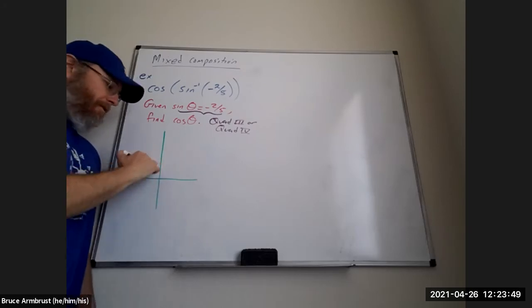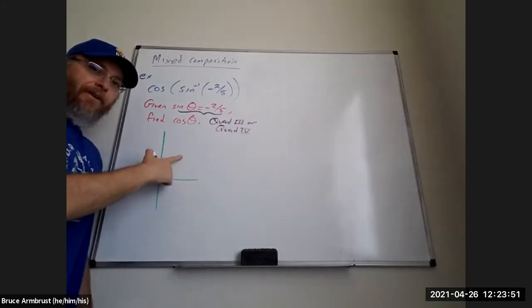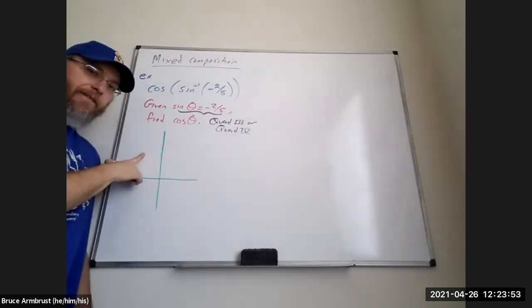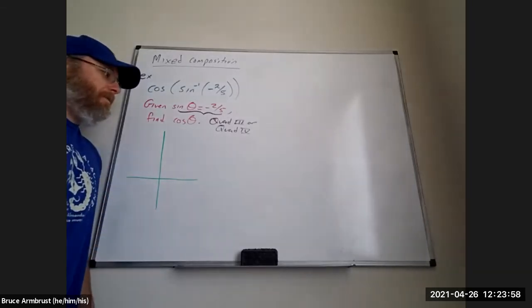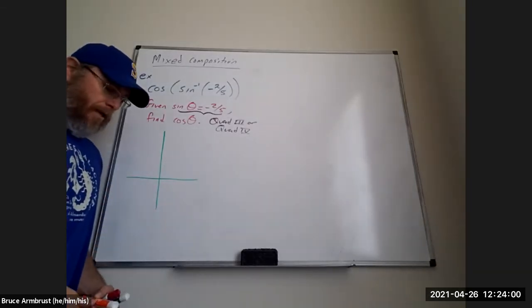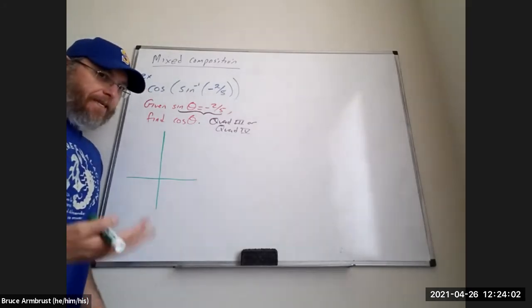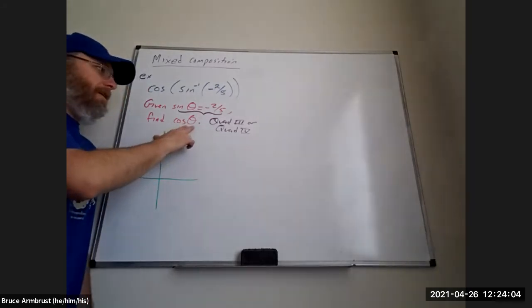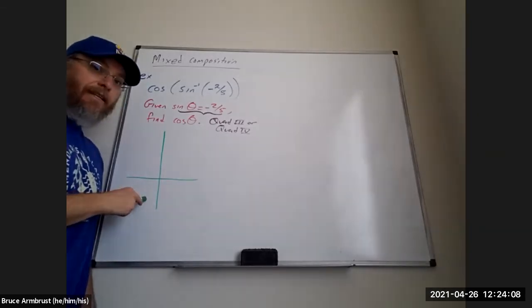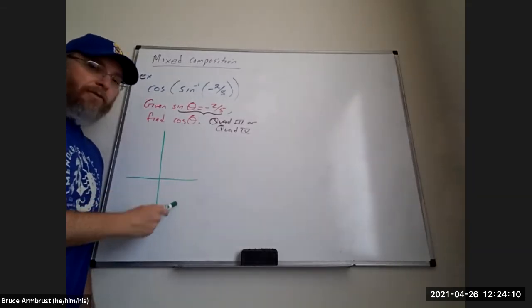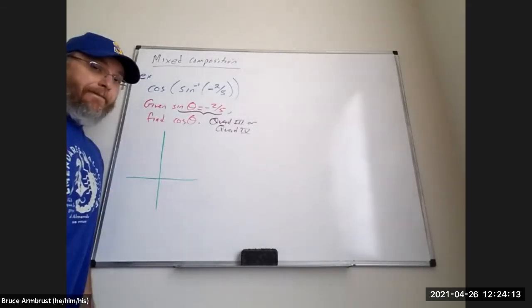Remember your good old all students take calculus. All of them are positive here. Sine is positive there, and then it's negative in these two. And the reason that this is a potential issue is think about cosine in those quadrants. In quadrant 3, cosine is negative, and in quadrant 4, cosine is positive.